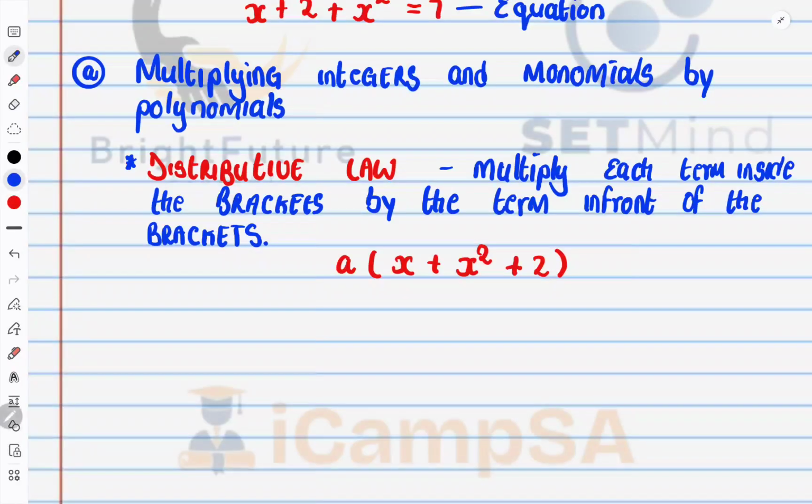According to the distributive law, we'd have to multiply a by x, which would give us ax, and then multiply a by x squared, which will give us plus ax squared, and then multiply a by 2, which would give us plus 2a.